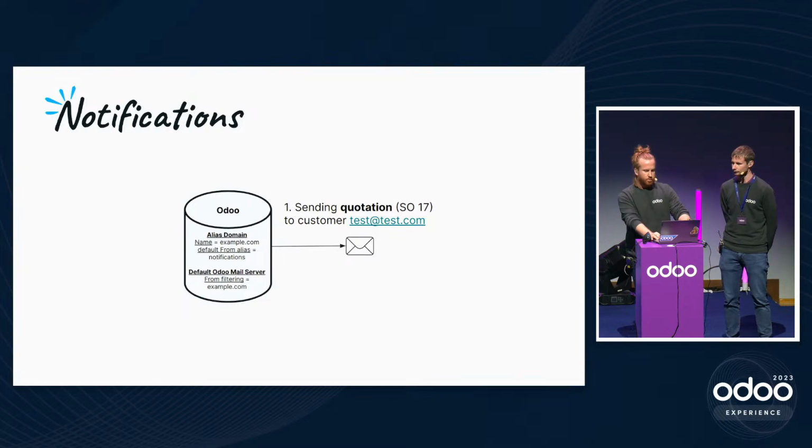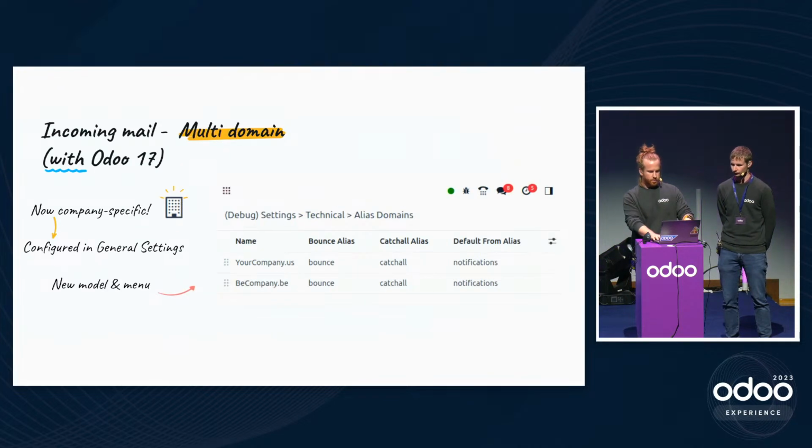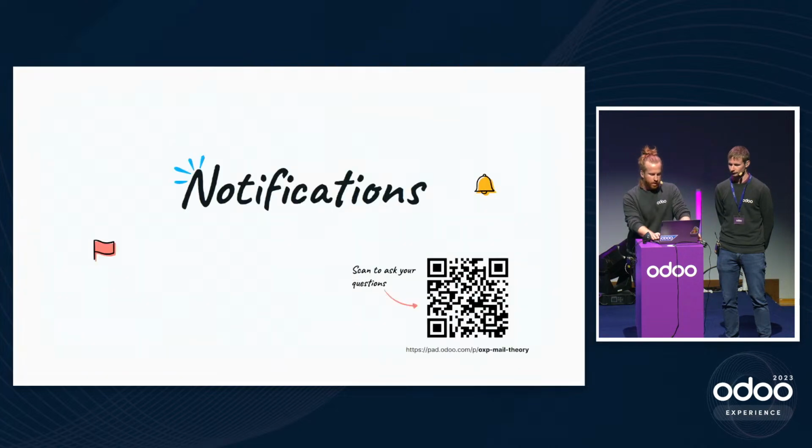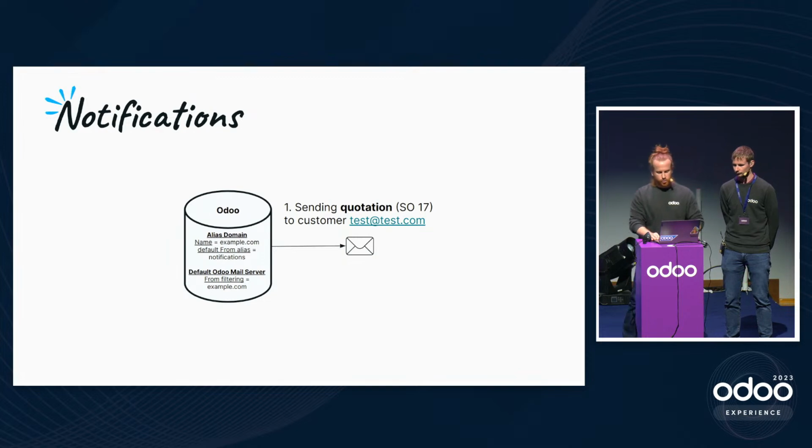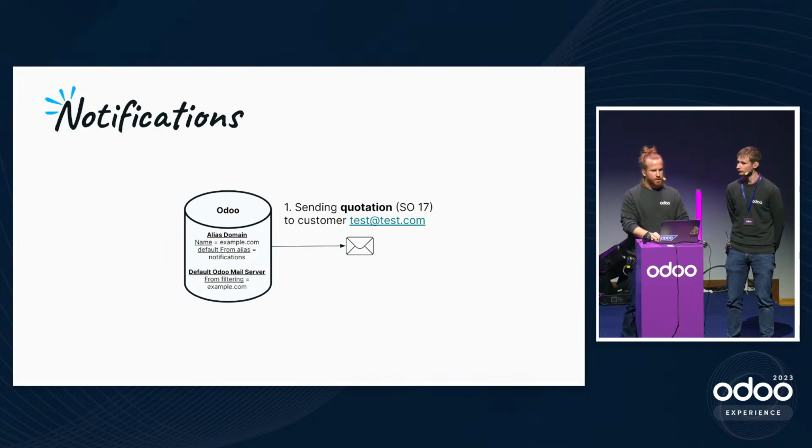This is in the menu as I showed previously, which is this one. I will have a default outgoing mail server, which is Odoo's one by default, with the command line interface, as Emma has explained in her talk, with a from filtering example.com.